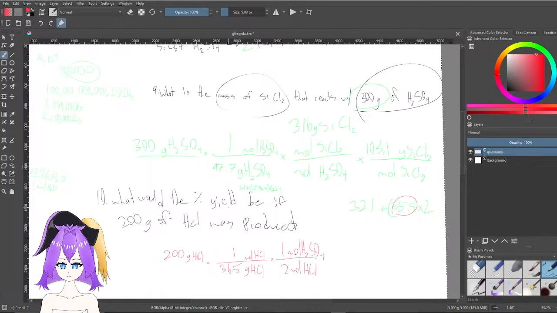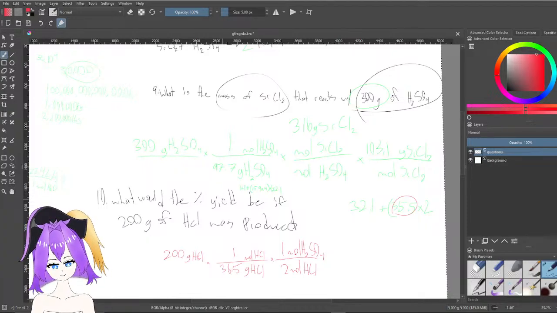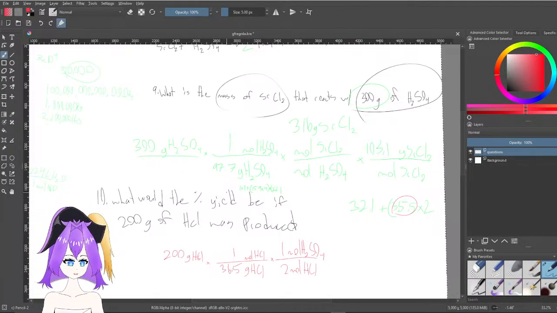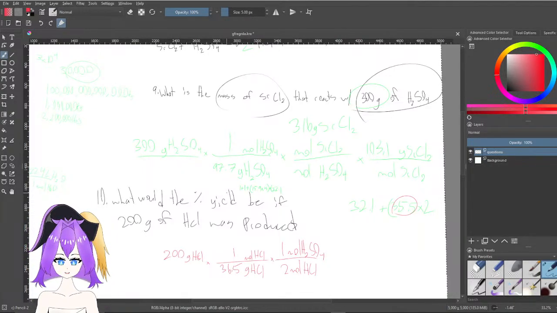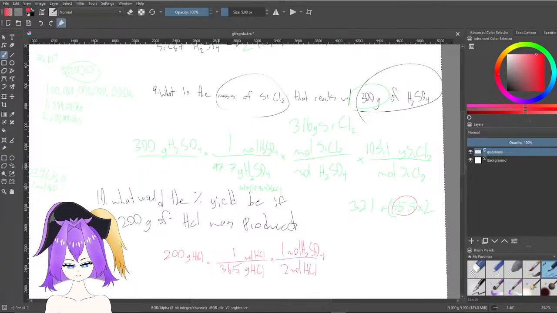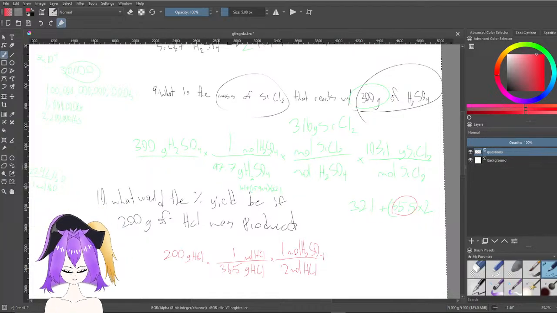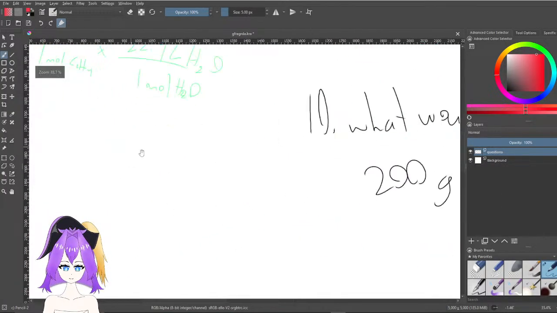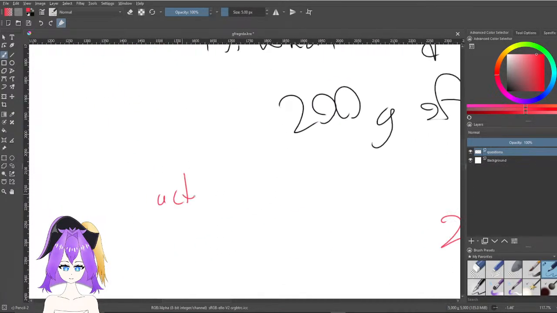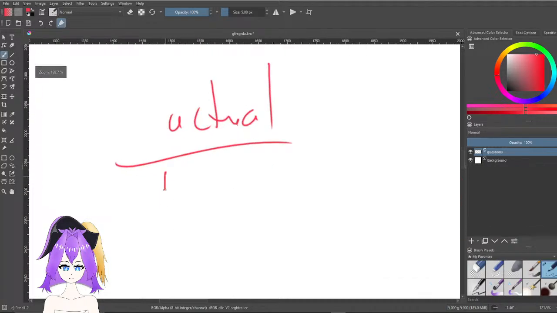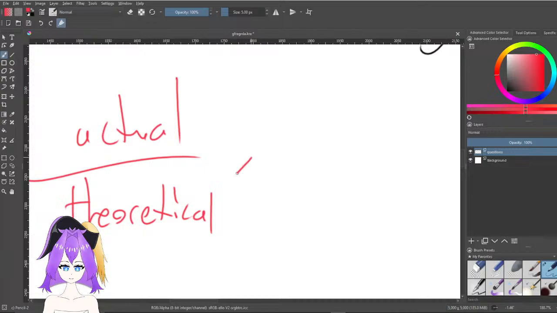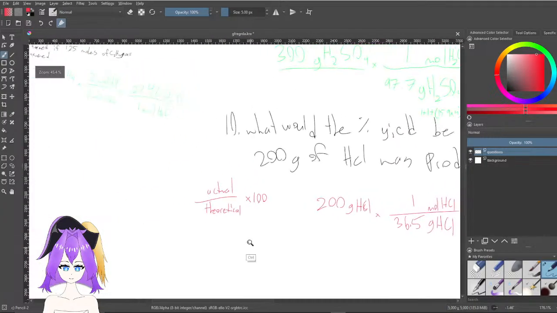What would the percent yield be? Okay, so percent yield, hold on. Percent yield is actual over theoretical times 100.